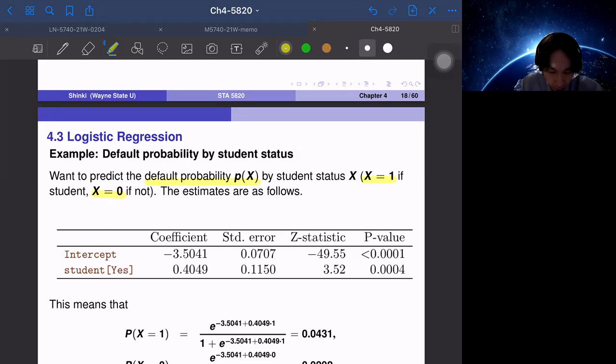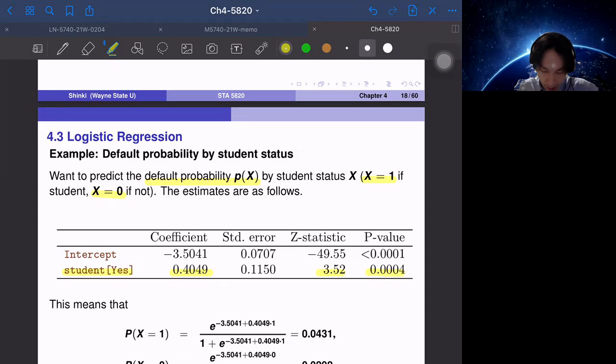Actually, you can see that in this regression model, if the person is a student and we don't have any other information, the default probability is higher, and significantly higher with p-value 0.0004. When I talked with a recruiter at Capital One Financial, he said students are actually good because usually their parents have relatively higher income, so the default probability isn't really high.